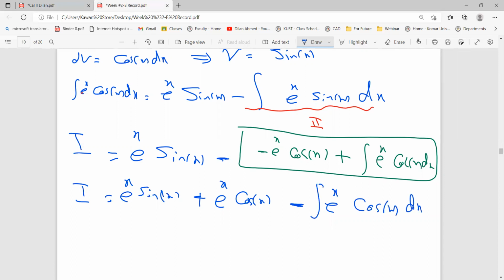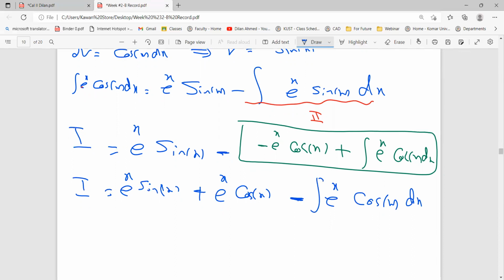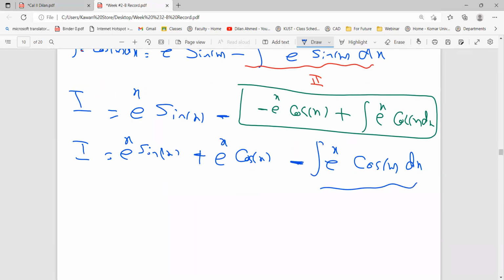Am I right? And what's that? Exactly, the opposite of the first. So I got I equal to e^x sin x, e^x cos x, minus I. Am I right?